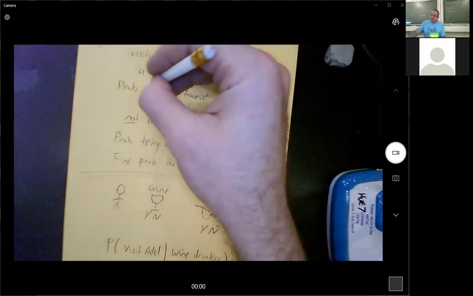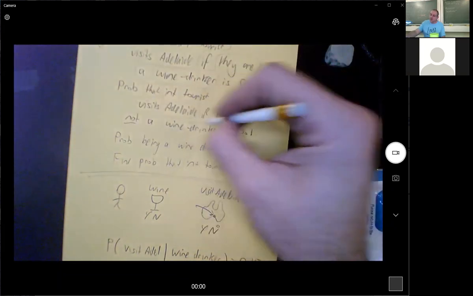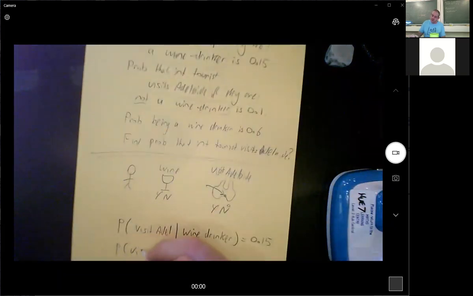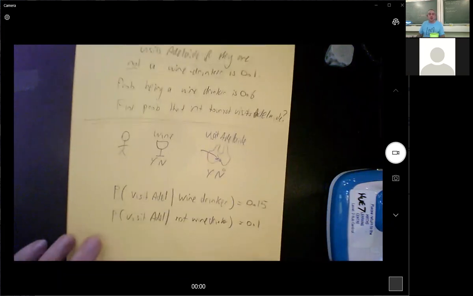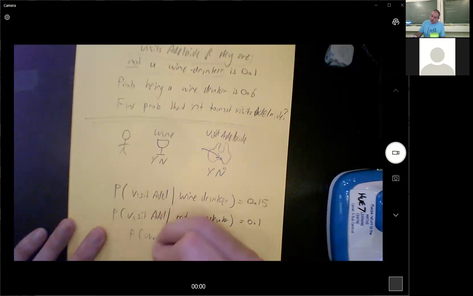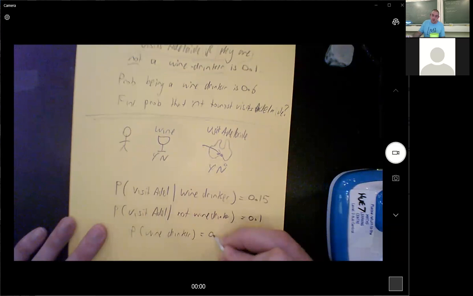And then the probability that an international tourist visits Adelaide if they're not a wine drinker. Okay, so the probability that they visit Adelaide given not wine drinker is 0.1. Okay, and then the probability of being a wine drinker is 0.6.